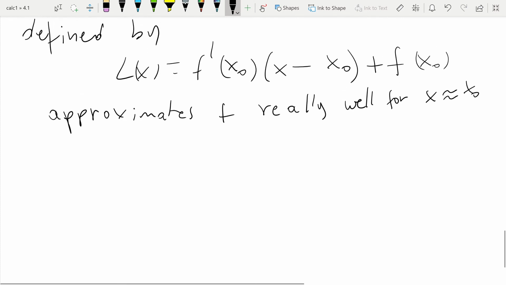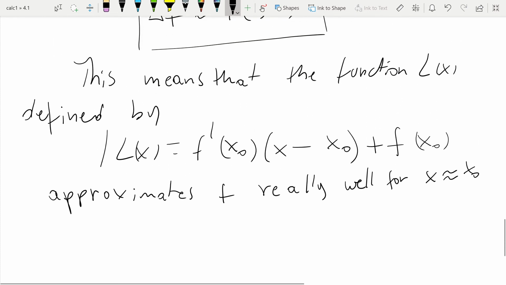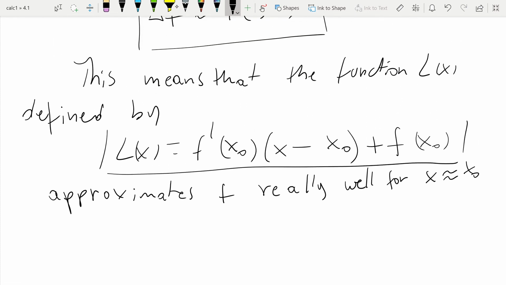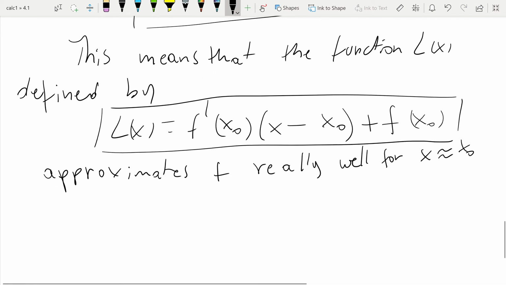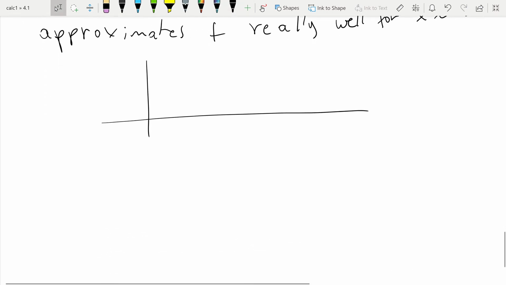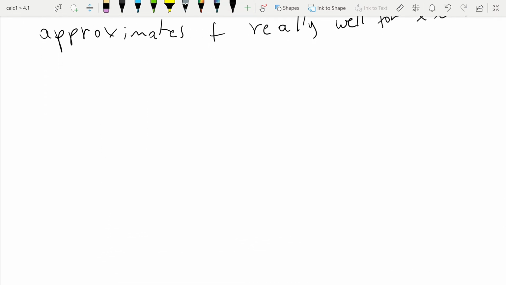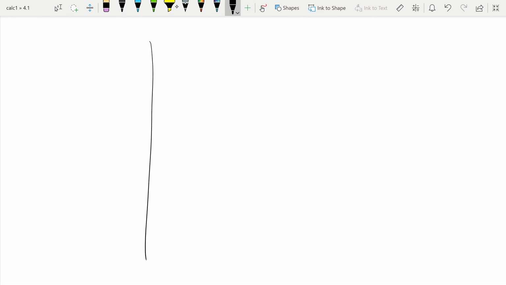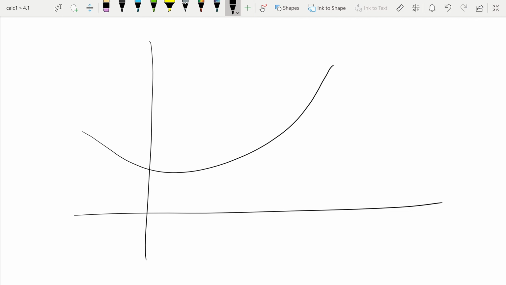Okay, let's go back to our drawing. Let me just make it a little bit bigger, perhaps. So this is f of x.